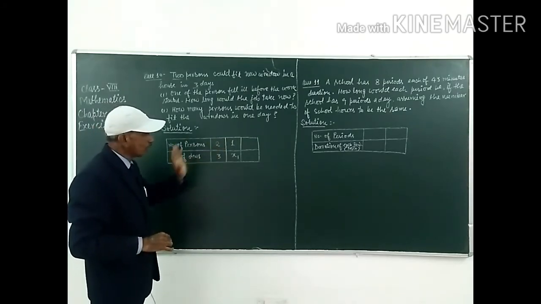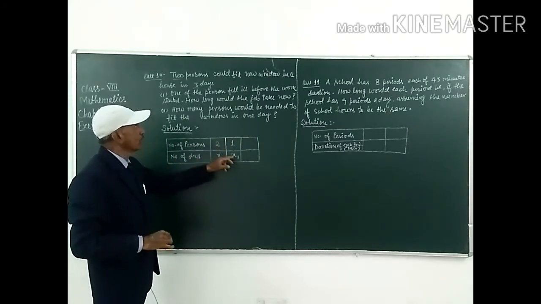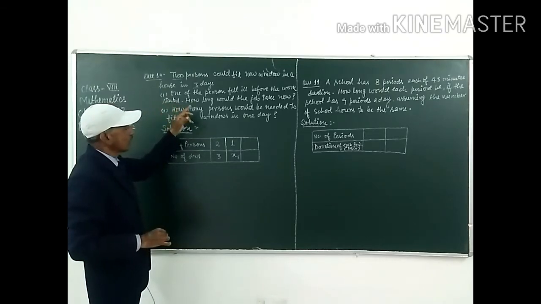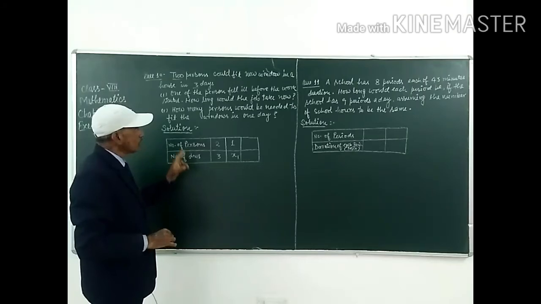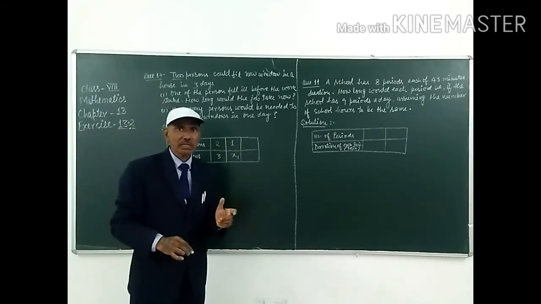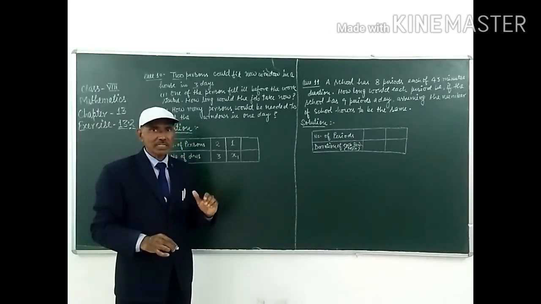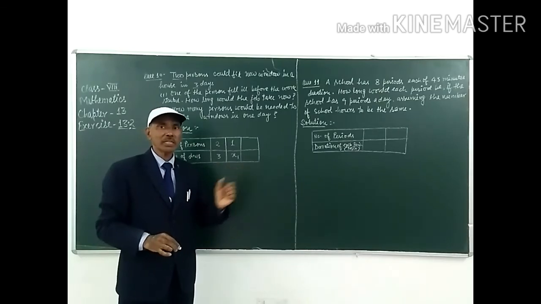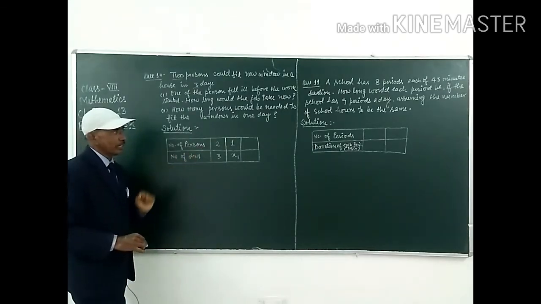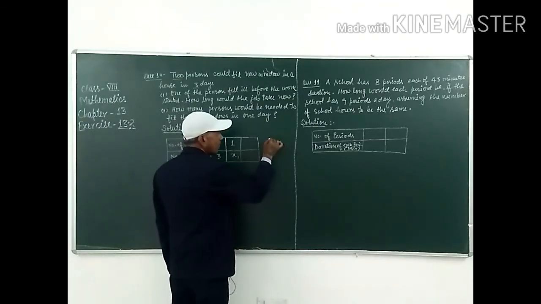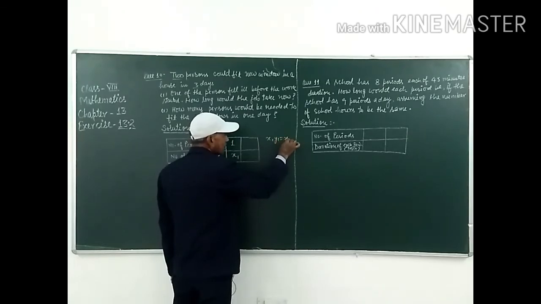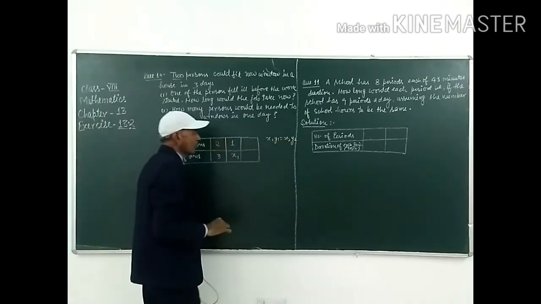First we have to find the value of x1, that is, in how many days one person can complete this job. If the number of workers decreases, then the number of days will increase. This question is related to inverse proportion, so we have to use the formula for inverse proportion, that is x1 y1 is equal to x2 y2.